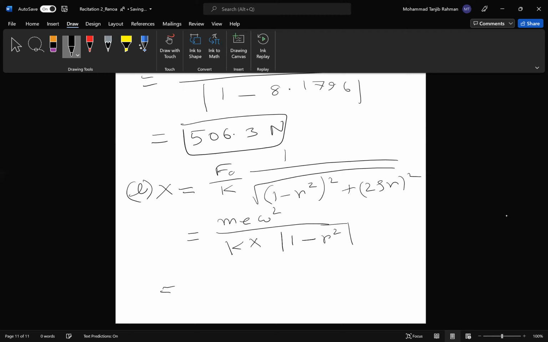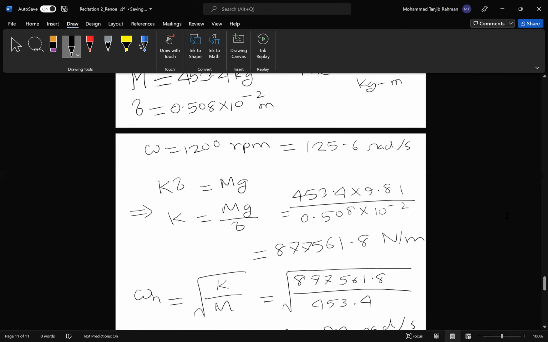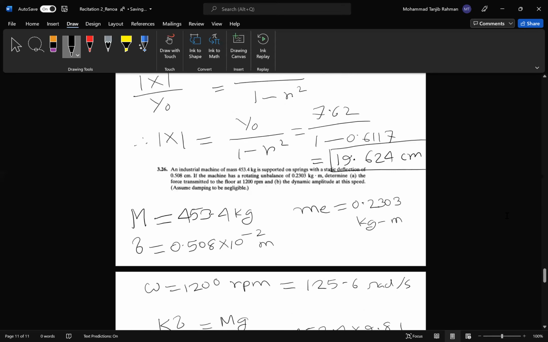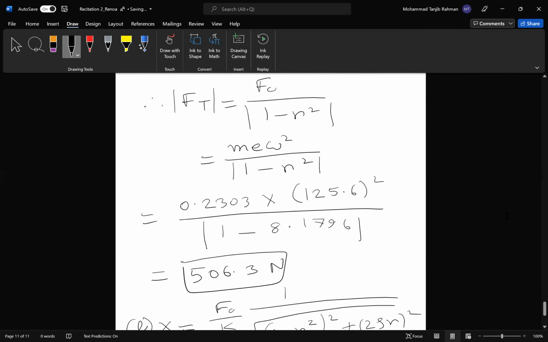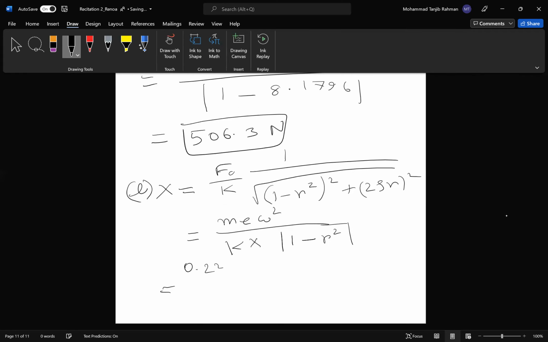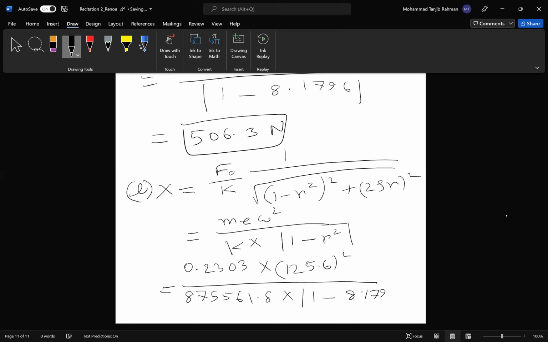So if I put the values, m e was 0.23, omega square was 125.6, K was 877561.8, and 1 minus r square is 0.1796.